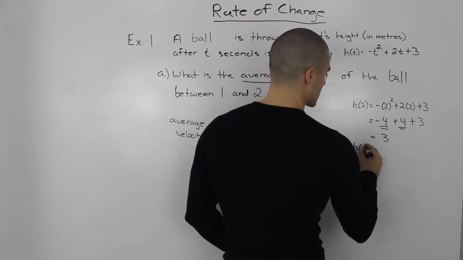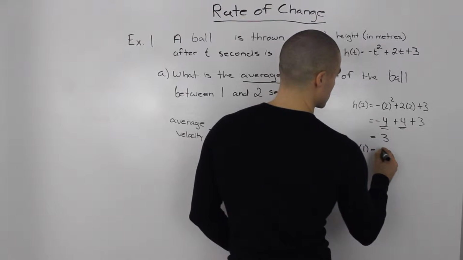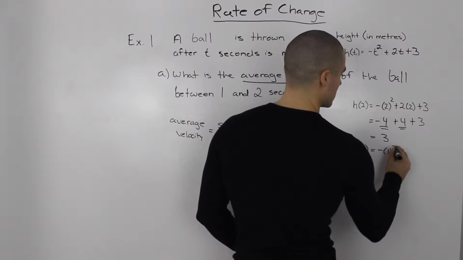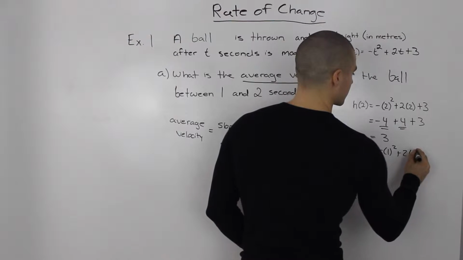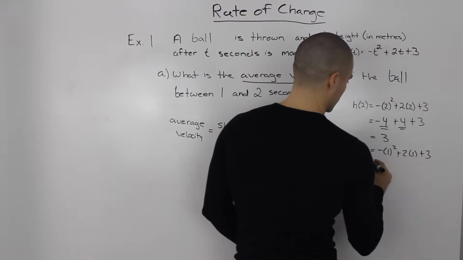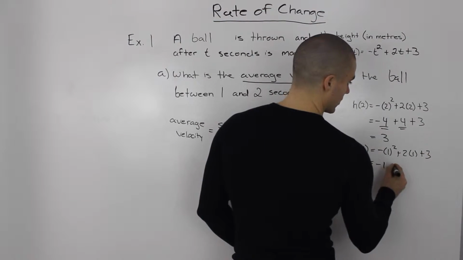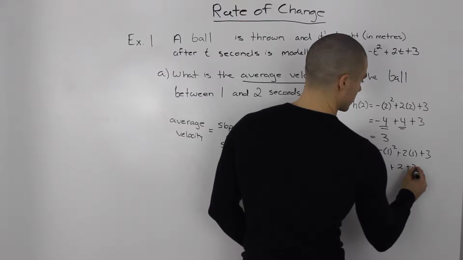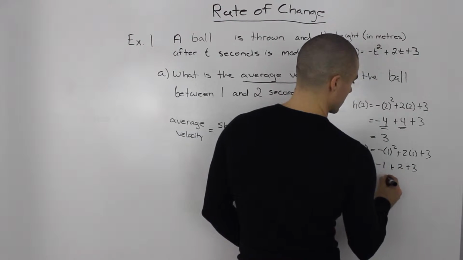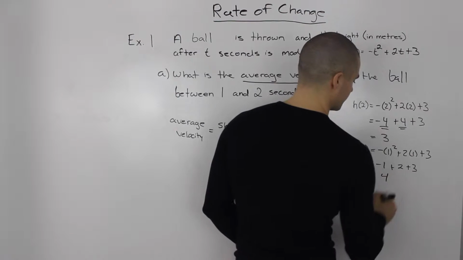Now let's find out what's the height of the ball at 1 second. If we plug it into the formula, what do we get here? We end up getting negative 1 plus 2 plus 3, which ends up being 4.